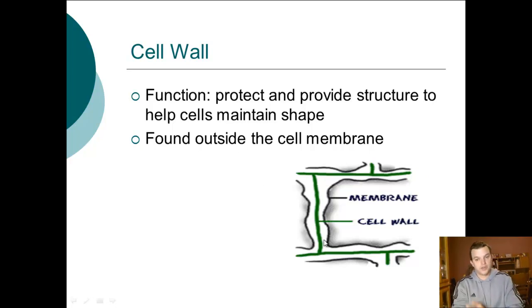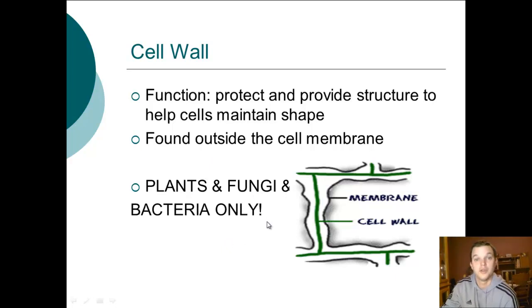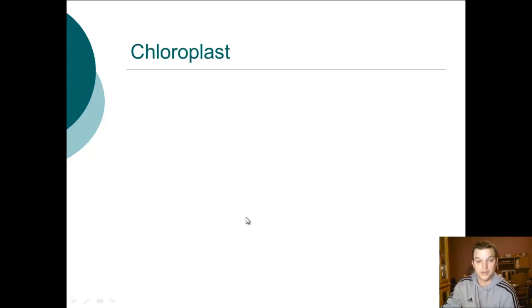All right, so if you look in the plant cell, that thick layer that's outside of the cell membrane, that is the cell wall. And this is extremely important because it helps to make it so the plant can actually grow tall rather than having to move around. All right, so we find these in plants, we find them in fungi, and we find them in some bacteria as well. So I wanted to throw that disclaimer out there.